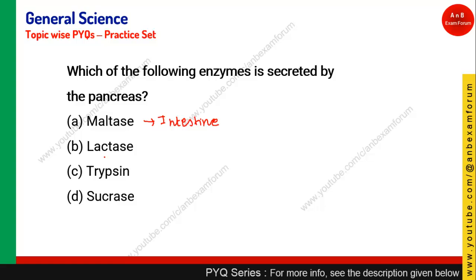The next one is lactase. Lactase is again secreted by the intestine. The next one is trypsin. Trypsin is the enzyme which is secreted by the pancreas. What about sucrase? Again, it is part of the intestinal juice, so released by the intestine. So option C, those who have given it, they are right.